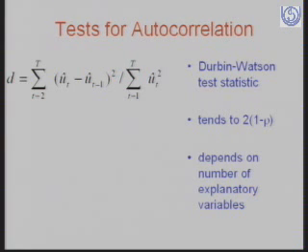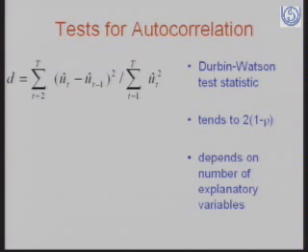In the table, the usual value of the d statistic should be equal to 2 when there is no autocorrelation in the model; it should approach 2. If it is less than 2, there is autocorrelation.